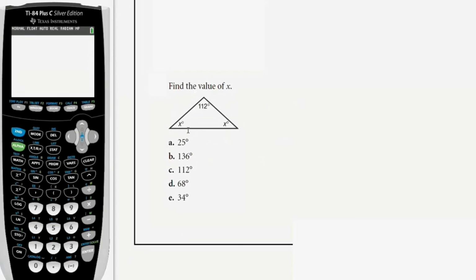So guys, looking at this triangle, you can decode that this triangle is an isosceles triangle. Now, an isosceles triangle is a triangle in which two sides of the triangle are equal, and two angles of the triangle are equal.